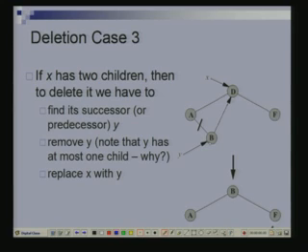Yes, sir. If it has one child, it will have only a left child, it cannot have a right child. It can have a left subtree, let us say it has something here, right. Now what? Sir, when we have to shift B, then we have to make the root of the left subtree.